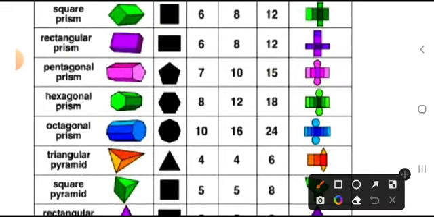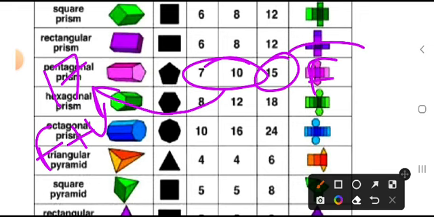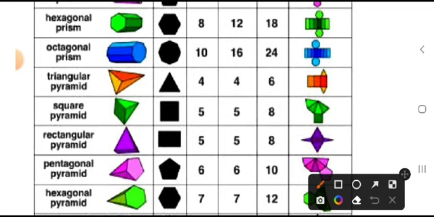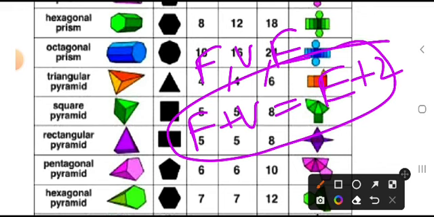Then the pentagonal prism: 7 plus 10, that is 17. That means here the F plus V value is 17, and here the E value is 15. So E plus 2, that is 15 plus 2, is also 17. So from these figures, from these solid objects, we can say that whenever we have the values of F, V, and E, the relation F plus V is the same as E plus 2 is true for all these.